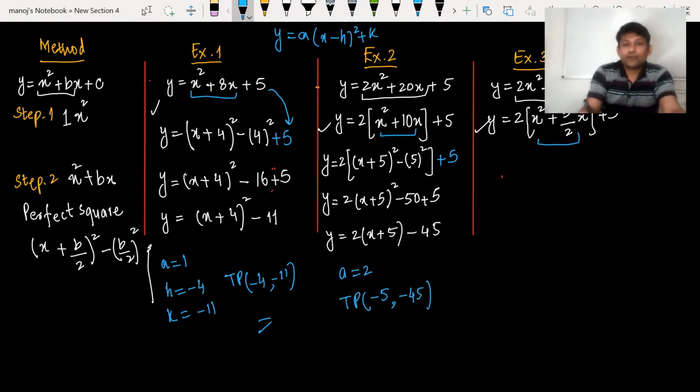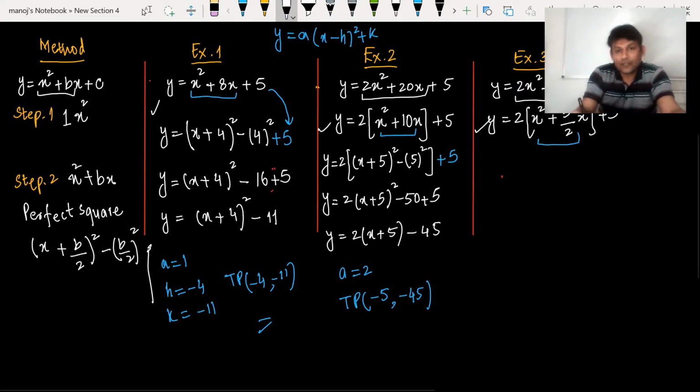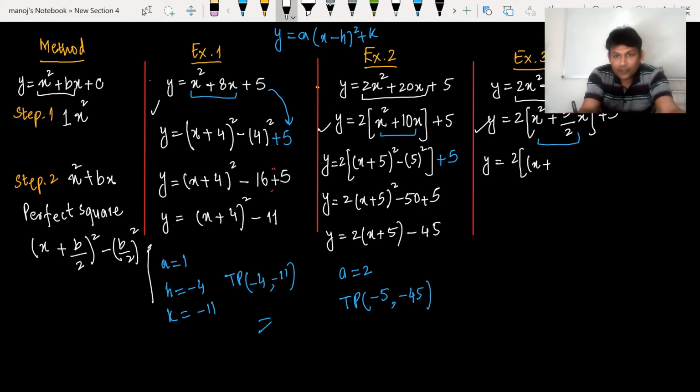Okay, moving to this part. Again, this is a little bit difficult because nothing was common here. I have made 5 upon 2 here. Now what's the method? I have to take this part only and make it a perfect square. So I will just copy x plus, okay, suppose you have minus here, and don't worry about the minus sign.